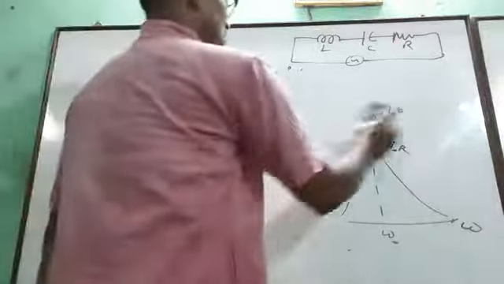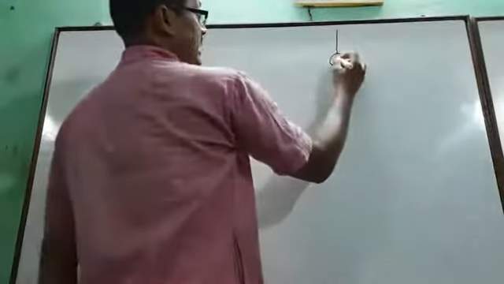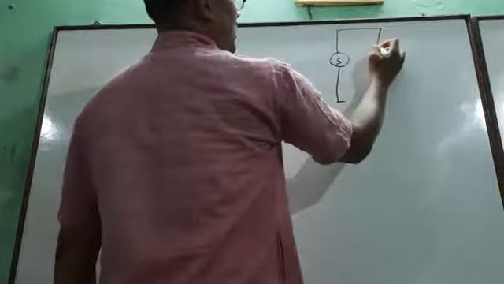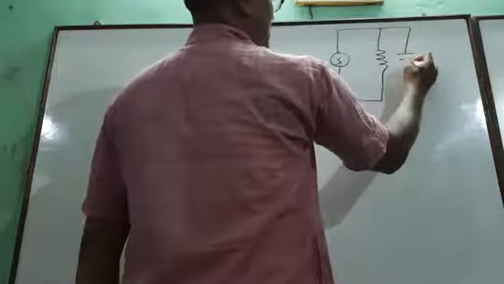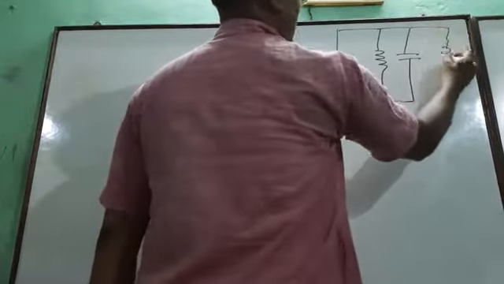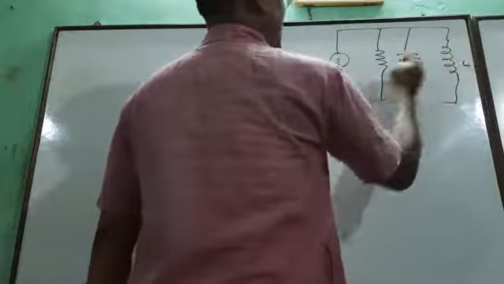So I am connecting these in parallel. This is the AC source, here the resistor, one capacitor and one inductor.